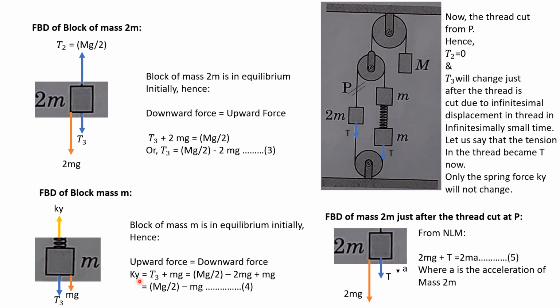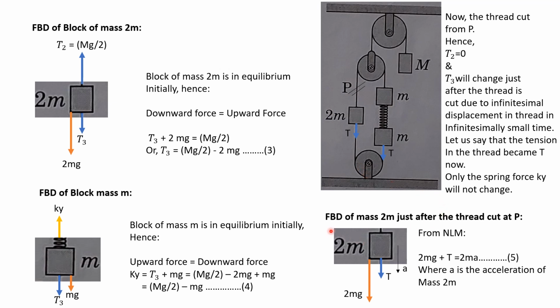Due to which an unbalanced force will come up on this mass, and this will set an acceleration a in this. And since at the other end this thread is attached to 2m, with the same acceleration it will pull the mass 2m downwards, right? So we will use that concept. This concept is very important to understand.